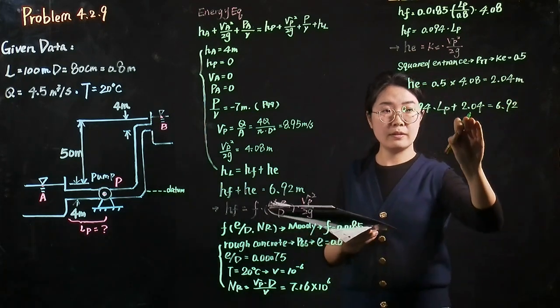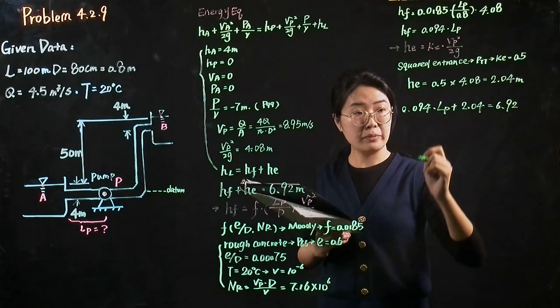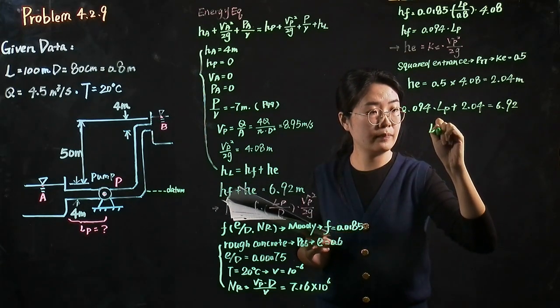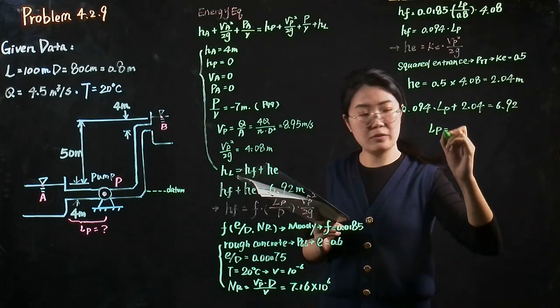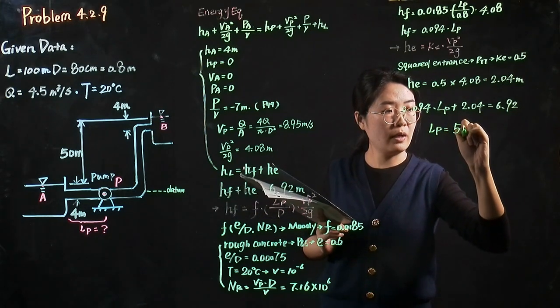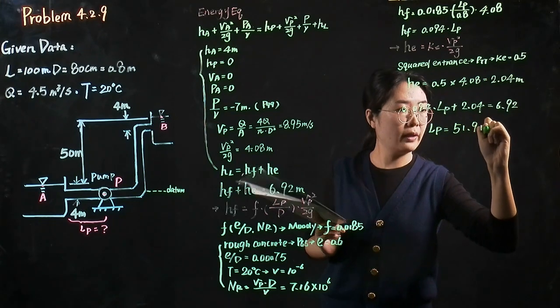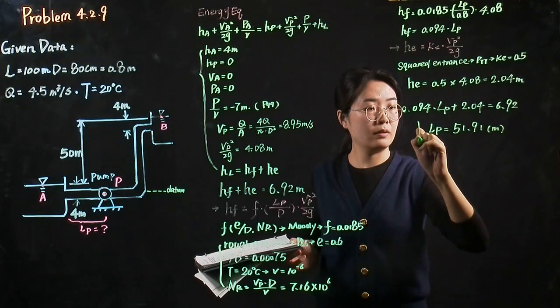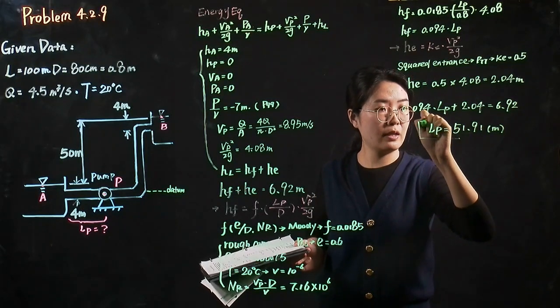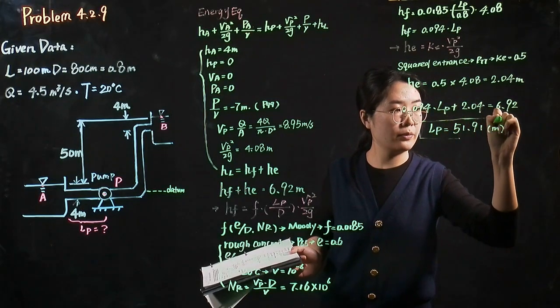After solving this equation, we get L sub P equals 51.91 meter, which is our result for problem 3.